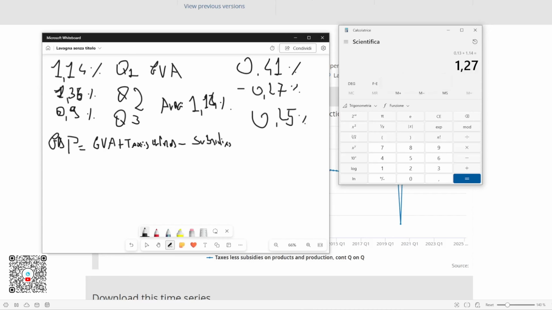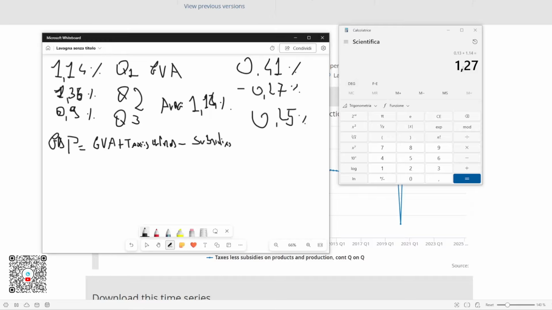Now we can easily understand what the gross value added has been in the fourth quarter. So how do we do that? That's not very difficult. We have to do some back-of-an-envelope calculation and some simple arithmetic, and we can roughly figure out what GDP growth has been in the fourth quarter.